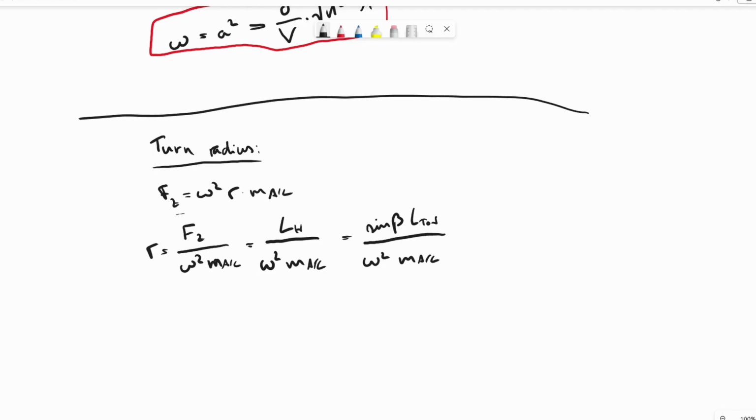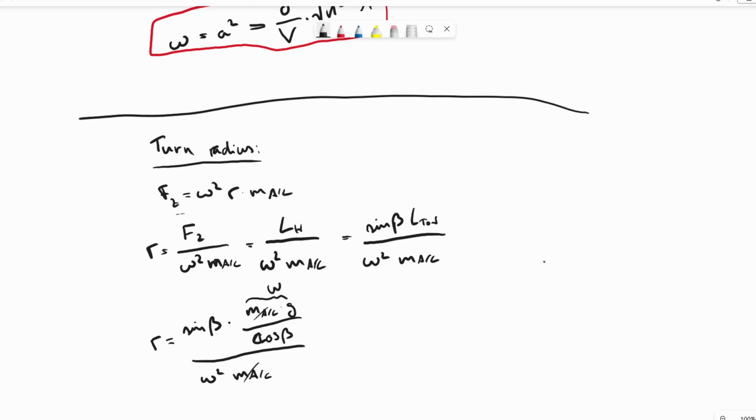And using the equations from above to make stuff already simpler, we have sine beta times L tot is mass of the aircraft times g, which is the weight, over cosine beta divided by omega squared times r.